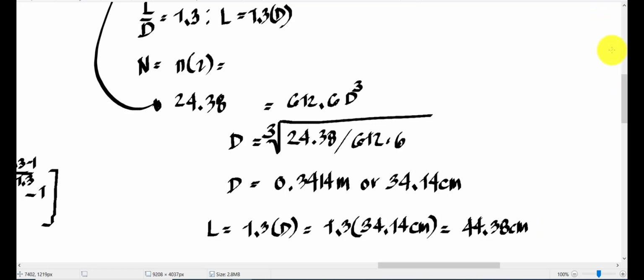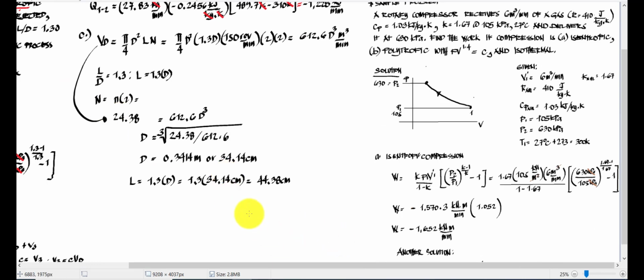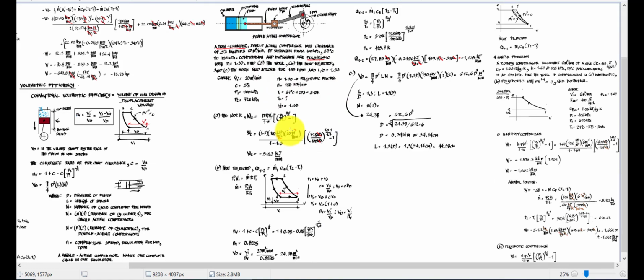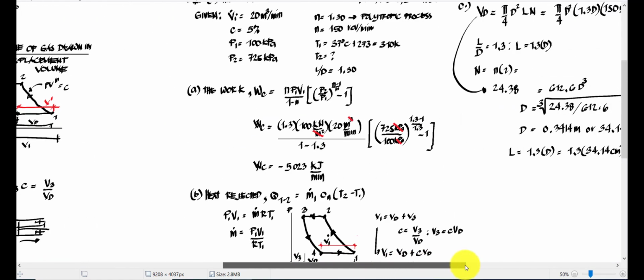So looking at the summary of our solution, I'm going to zoom out to take an overview. So starting from here, going down here, let's start a recap.